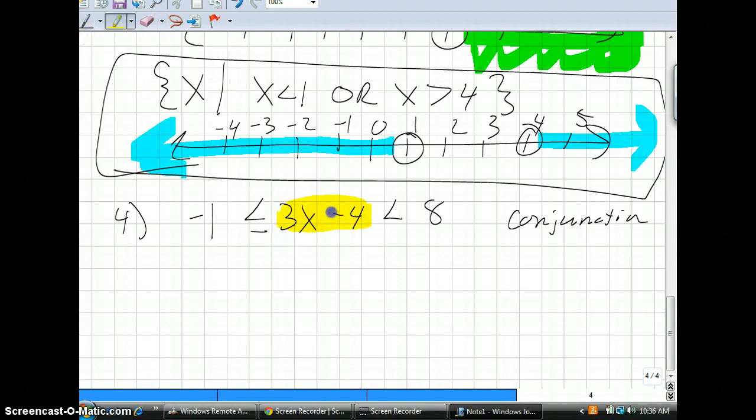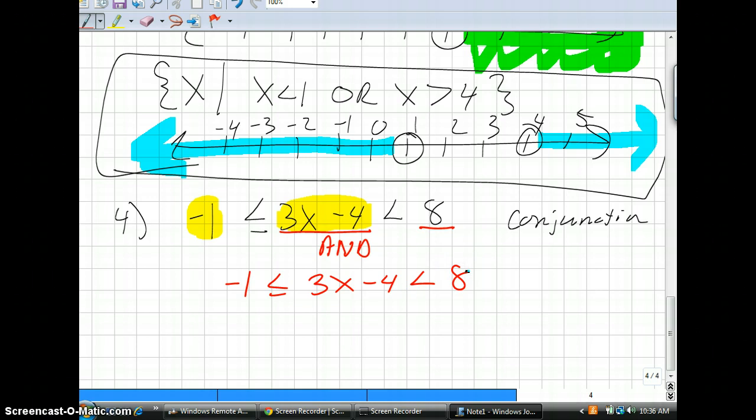So this is greater than this, and this is less than this. So we have both situations.